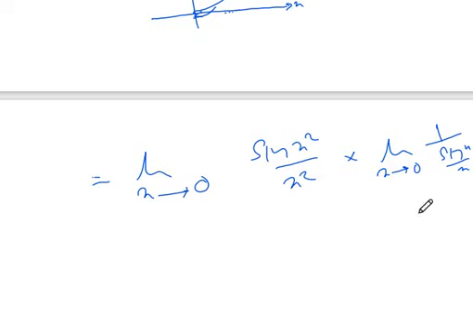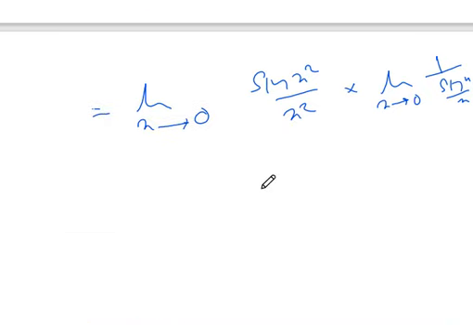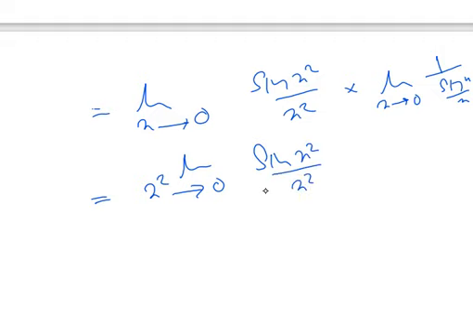Yeah, so we know that as x tends to 0, x squared tends to 0. We can write x squared tends to 0 instead of writing this, sine x squared over x squared.